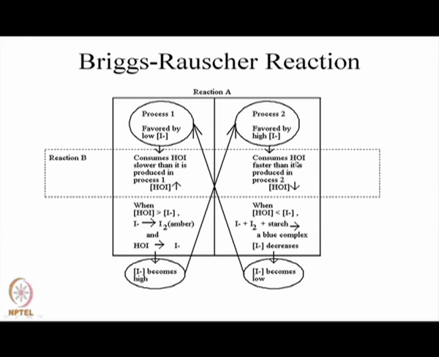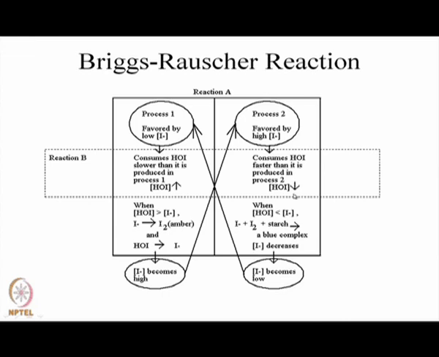In process 2, it consumes HOI faster than it is produced, whereas in the other case HOI is consumed slower than it is produced. So, HOI is reduced.